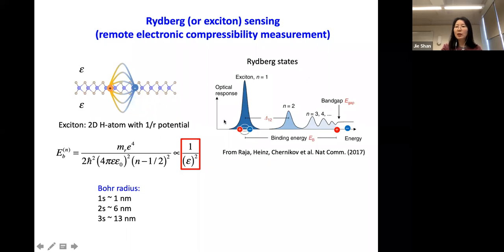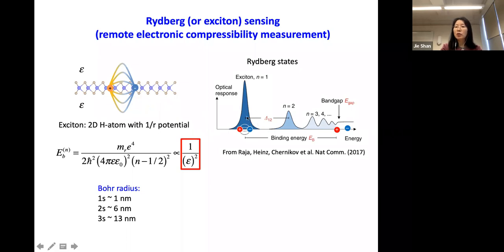This is something pretty well known already in the field, that electron and hole are strongly bound in transition metal chalcogenides. They form excitons, and the exciton binding energy can be on the order of a fraction of an electron volt.